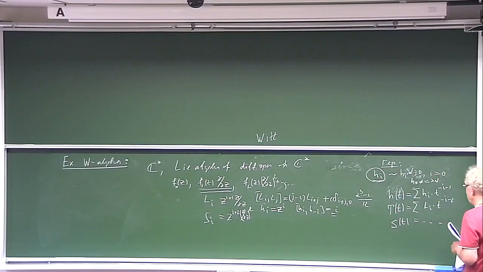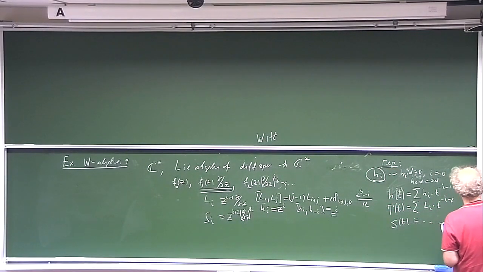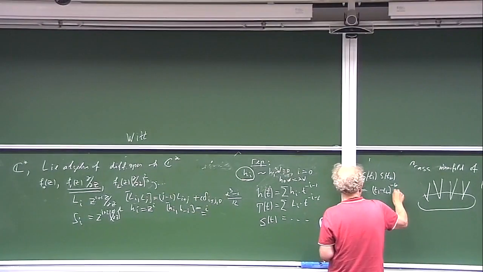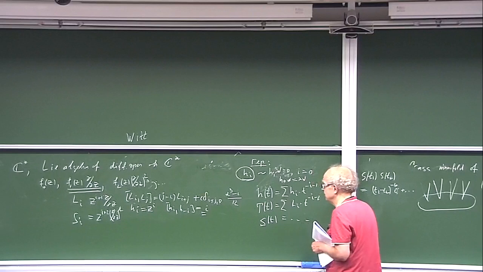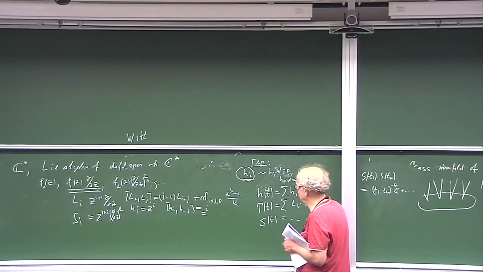It means, for example, that I take this S(t1) times S(t2), it is starting with (t1 minus t2) to the minus 6 times some constant plus lower terms, so it is just a vertex operator algebra in the standard meaning.